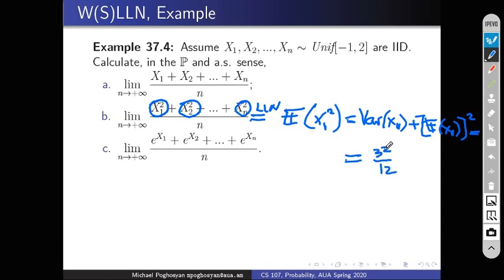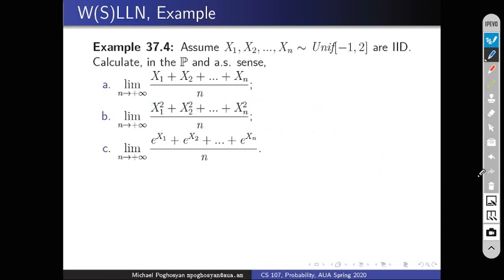This is the variance for uniform, plus the mean value, which is 1 over 2, squared. So this sequence of random variables tends to this number by the law of large numbers.